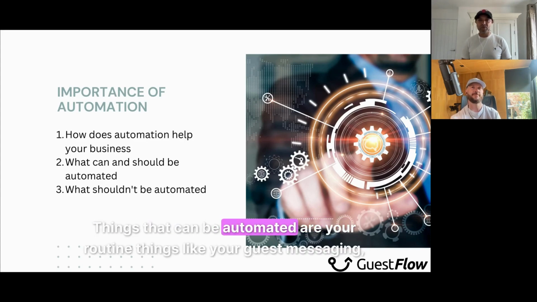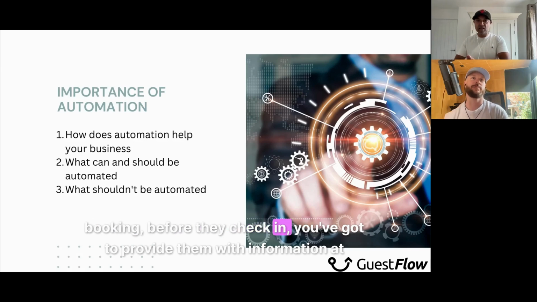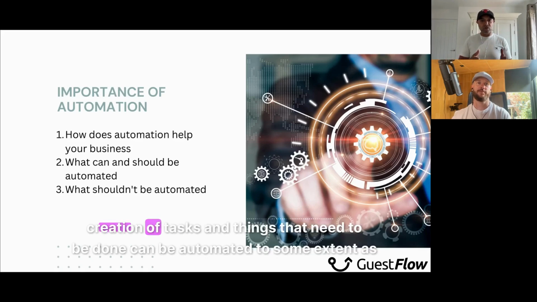Things that can be automated are your routine things like your guest messaging, right? So as an example, you've got to message the guest when you receive the booking, before they check in. You've got to provide them with information at different stages of their journey. That's all routine stuff. So that's a great candidate. Creation of tasks and things that need to be done can be automated to some extent as well.